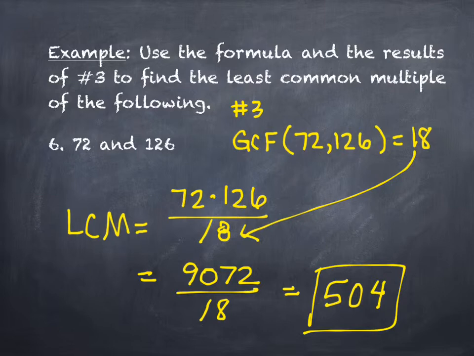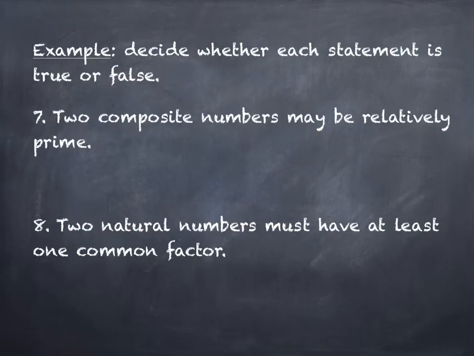Okay? All right, we're going to do a couple of slides that have some true-false questions. Decide whether the statement is true or false. 2 composite numbers may be relatively prime. If it's false, you have to be able to give me an example of 2 composite numbers that are also relatively prime to one another.